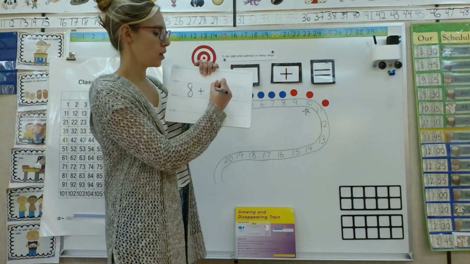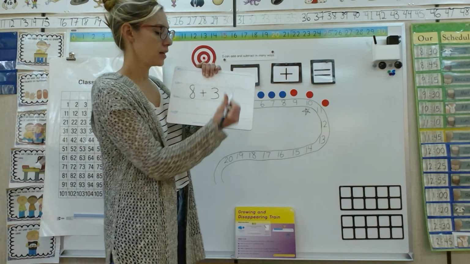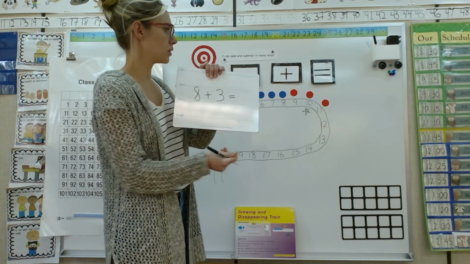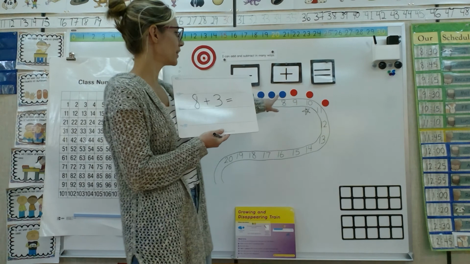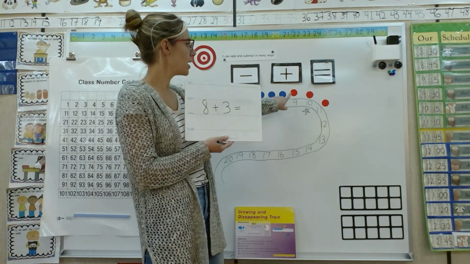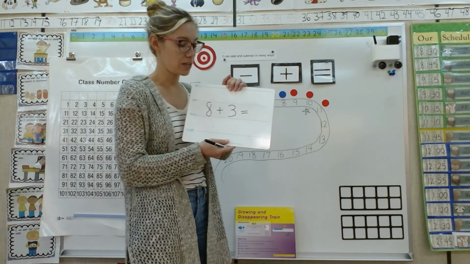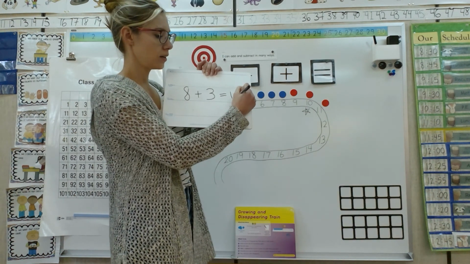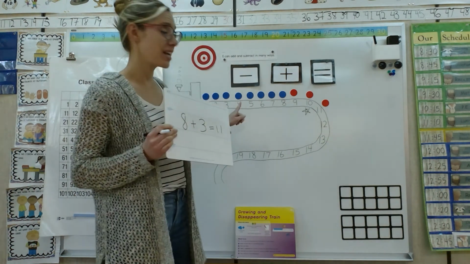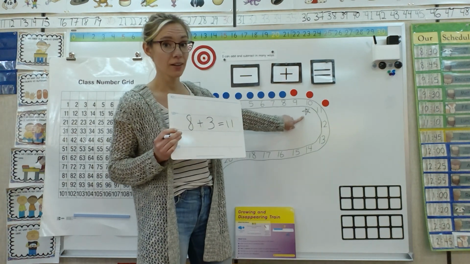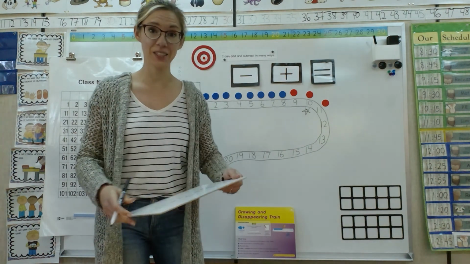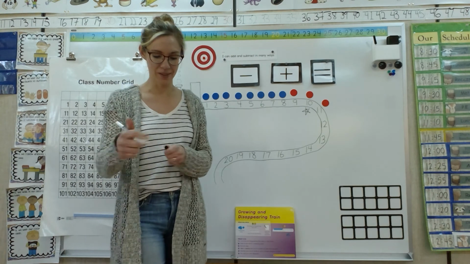Plus 3 equals, what does it equal? Let's count on from 8. Ready? 9, 10, 11. Ooh. So now our train is actually longer than when we started. Let's see at the end where it'll be.